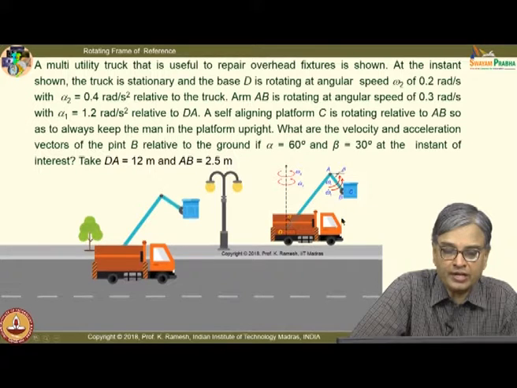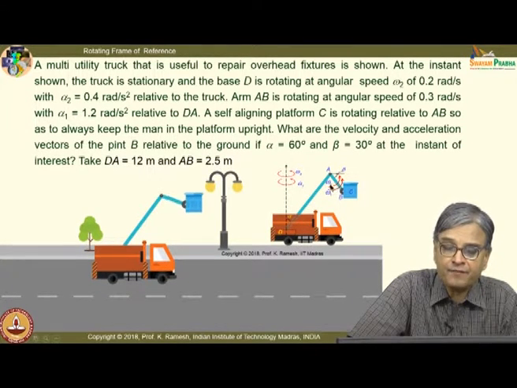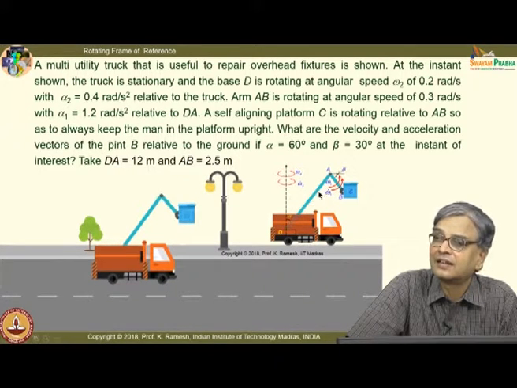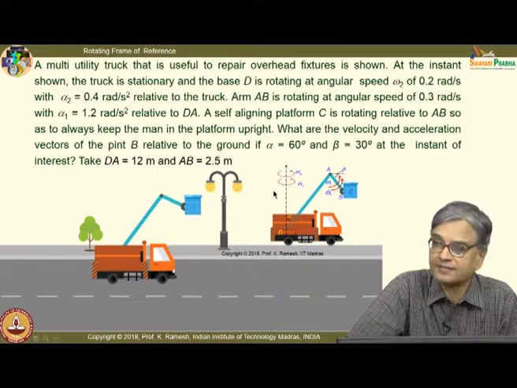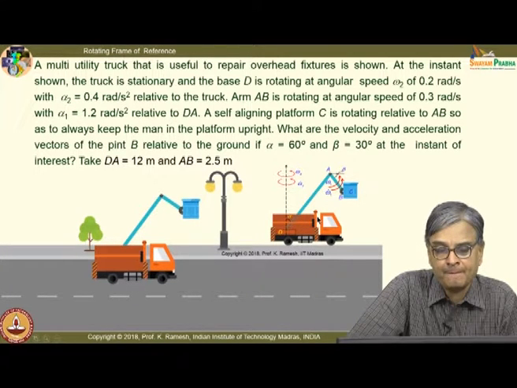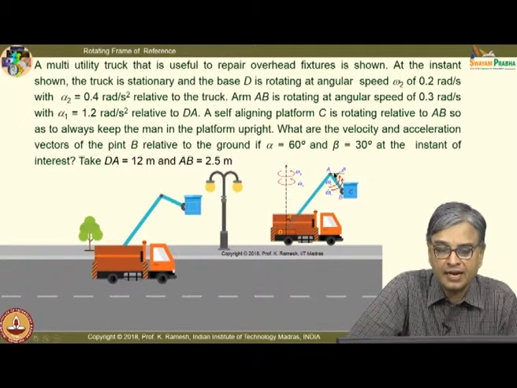What is shown here is that the rotating axes have both velocity as well as acceleration. This is rotating with angular velocity omega 2, and this is rotating with angular acceleration omega 2 dot, and here this arm is pinned, and this is rotating with angular velocity omega 1.